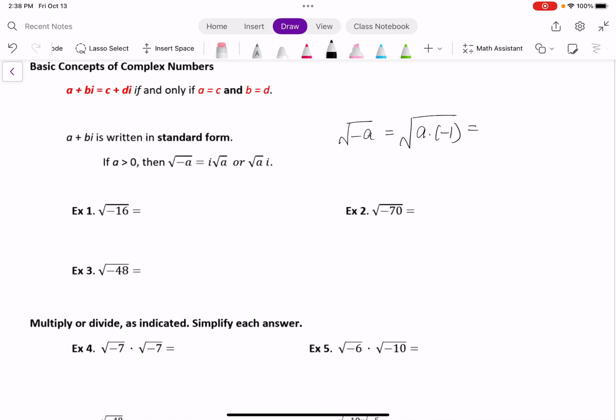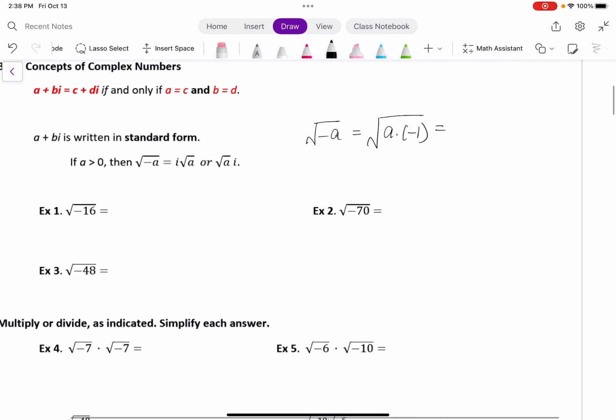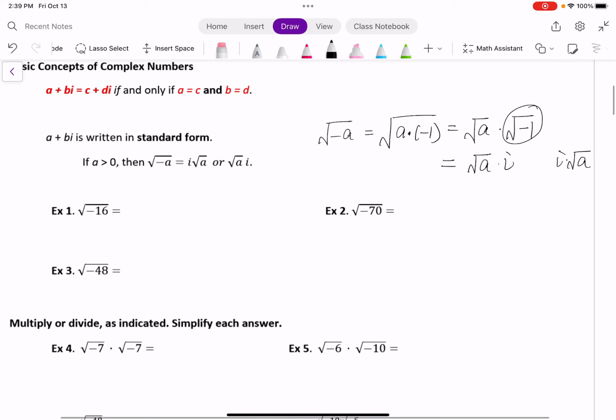We have learned the property of radicals: this is multiplication, which means I can separate the two factors inside the square root. The other part is the square root of -1, which is the i part. We have the square root of a times i, or you can put the i in front: i times the square root of a.